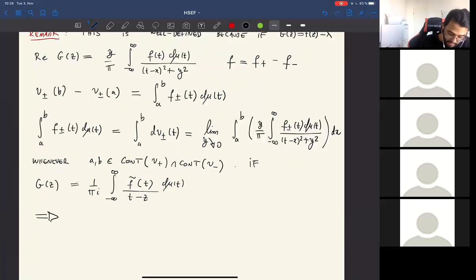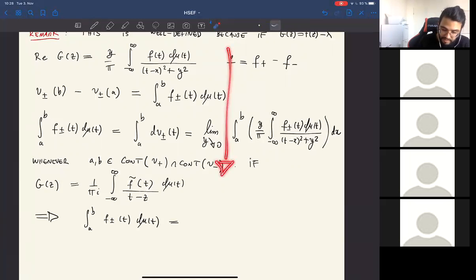So it has to be the case that the integral from a to b of f plus or minus t, by what we just did, equal, because they're equal. So I'm assuming that G has these other representations. So the same computations we did, everything we did up to this point applies. But then we get two different things.